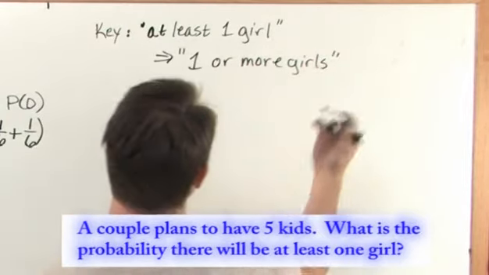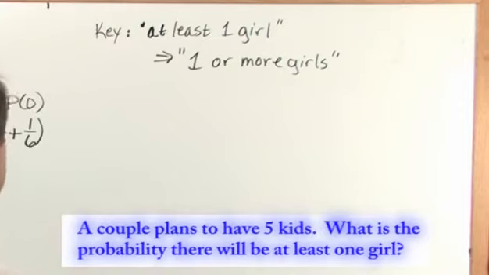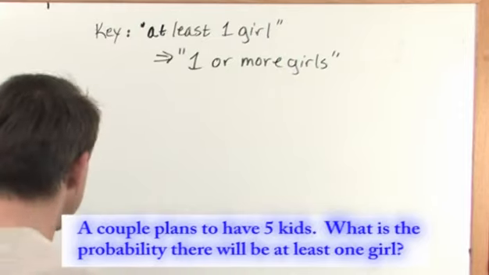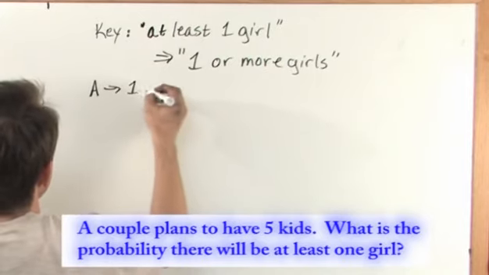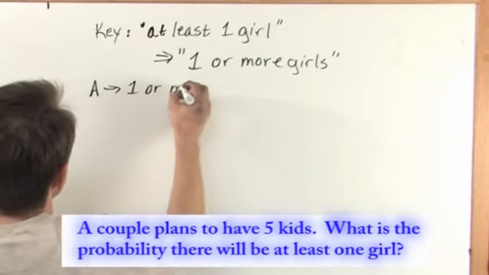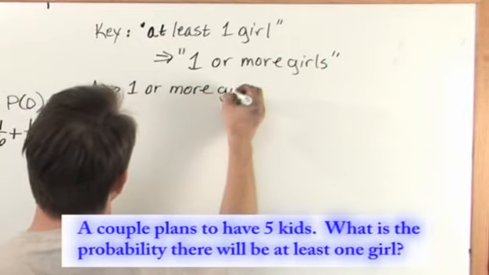And that may be something automatic that you do in your head. You need to think about that, internalize it, make sure you understand that means one or more girls. So our event A is going to be that the couple is going to have one or more girls.